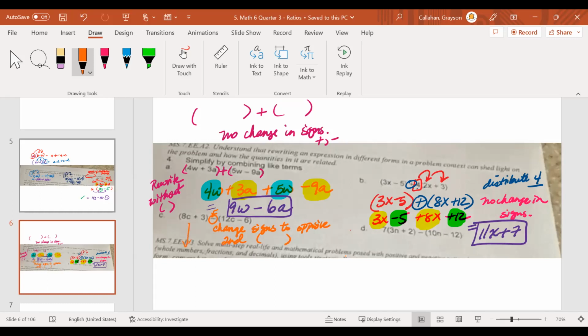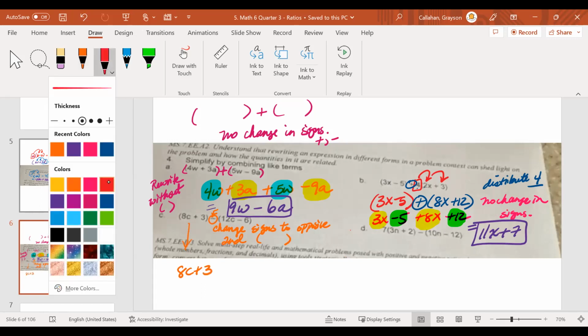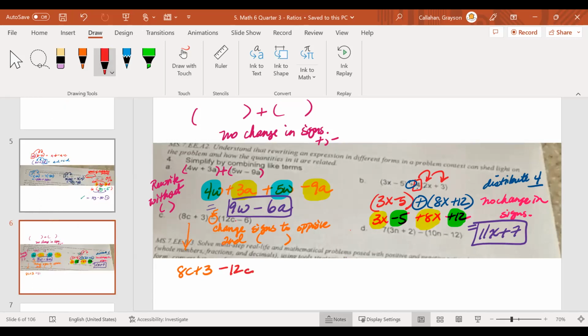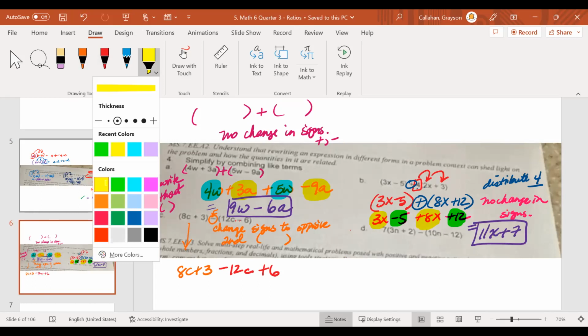So the first parenthesis, nothing changed, 8C plus 3. Do you see that? Second parenthesis, positive 12C becomes a negative 12C, right? Negative 6 becomes a positive 6, okay? Now, after that, you do exactly the same.